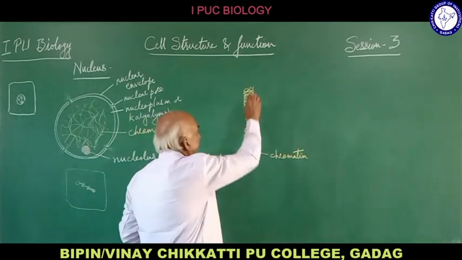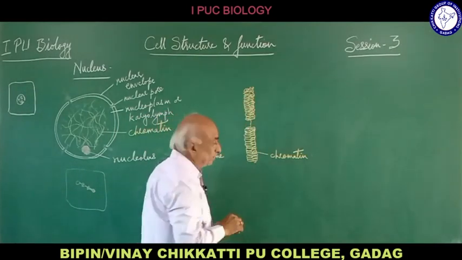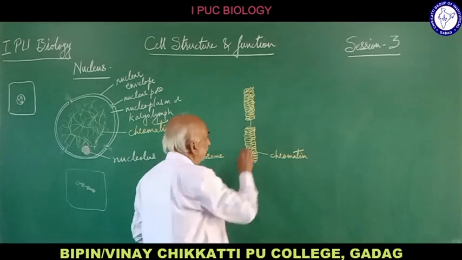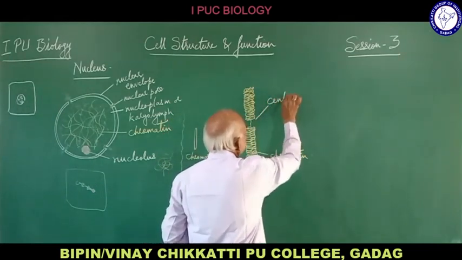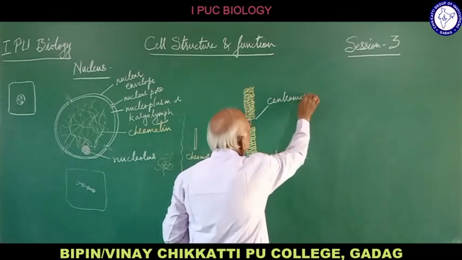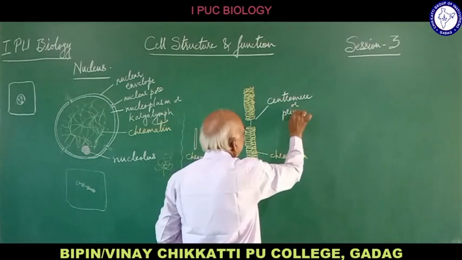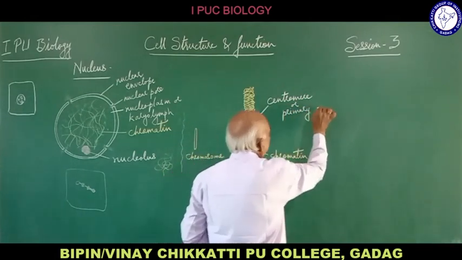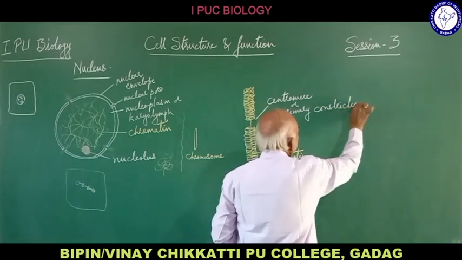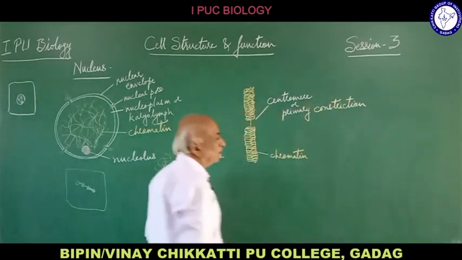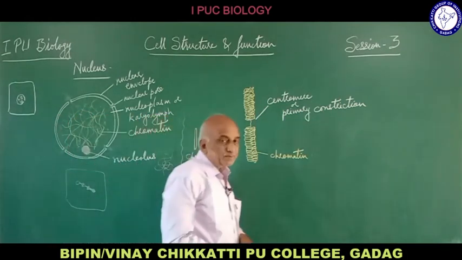And here the coiling is absent in some regions. This region where coiling is absent is called the centromere, or sometimes it is called the primary constriction. So this centromere or primary constriction is the region on the chromosome where coiling is absent.